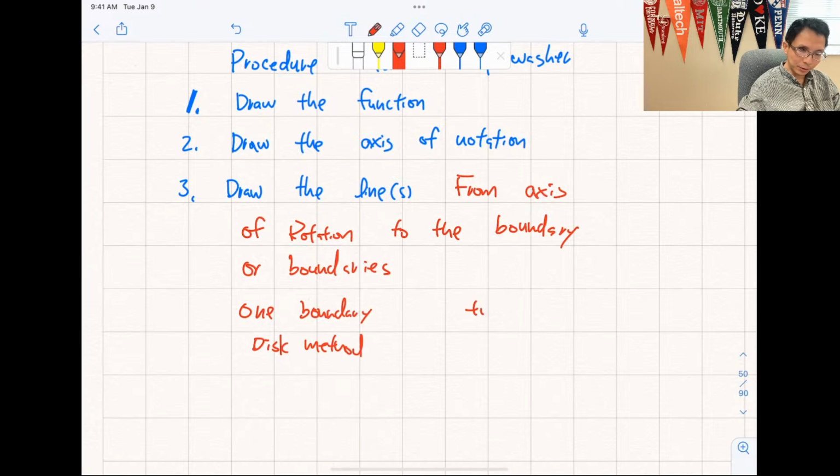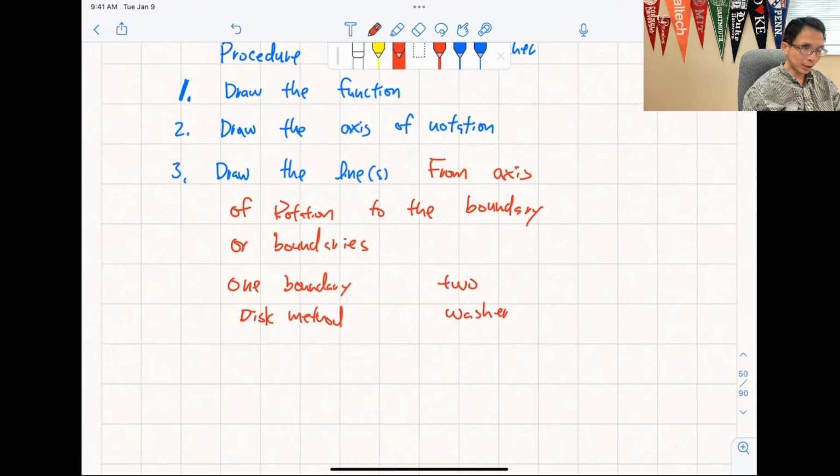And if you have two, then it's a washer. And we're going to talk about why that is. But once we start going, you should have a little bit more idea. So you can have one boundary or two boundaries. If it's two boundaries, then it's going to be a washer.